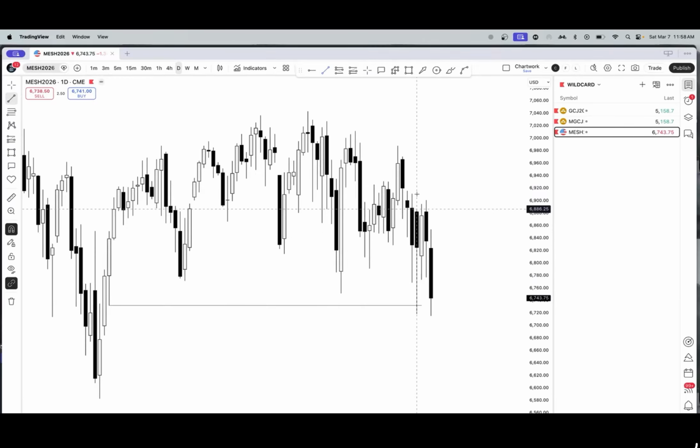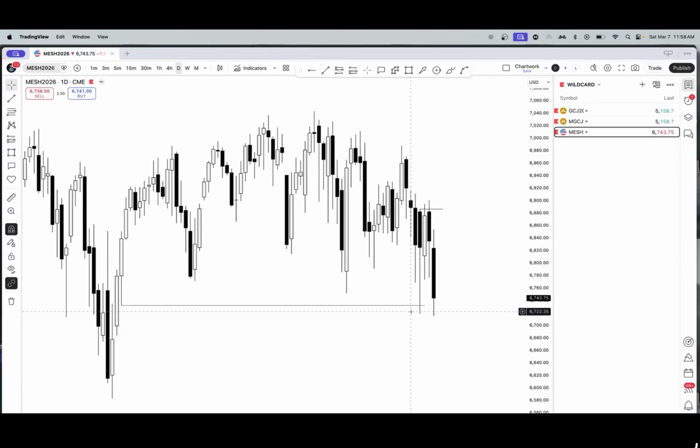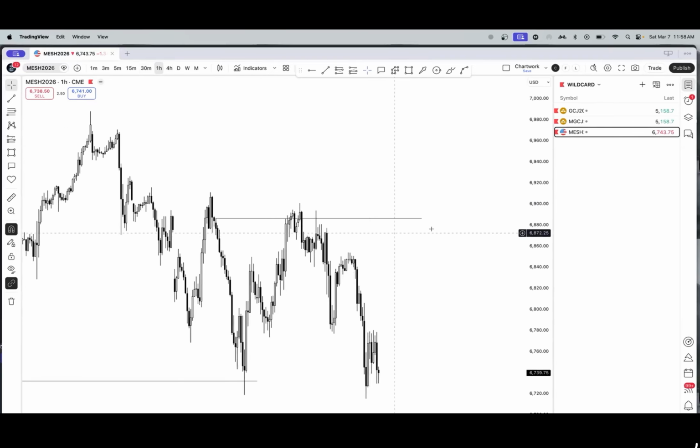Damn, this price action is terrible, bro. All you see is this as an inducement high being taken. I don't know who's trading ES right now, but stay away from that. All right, cool.